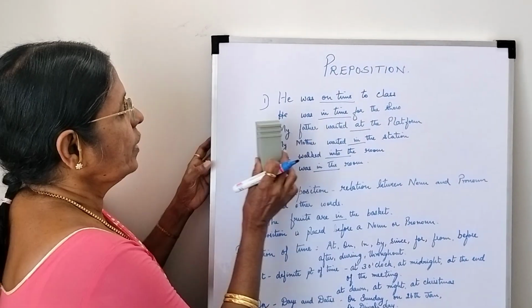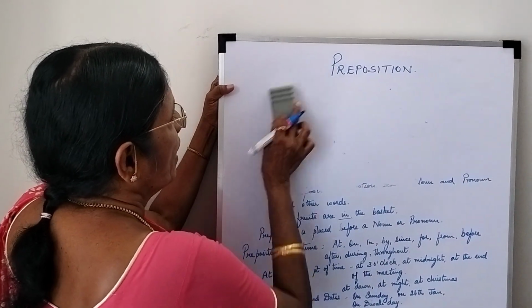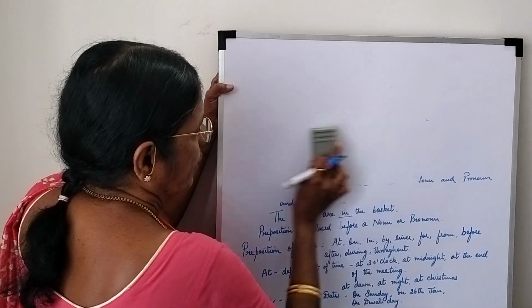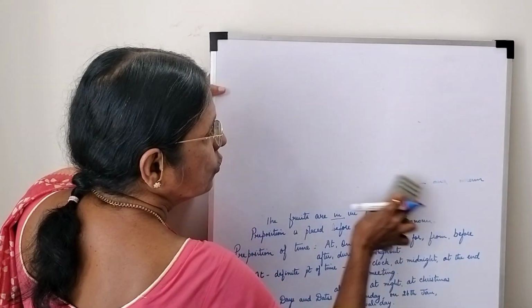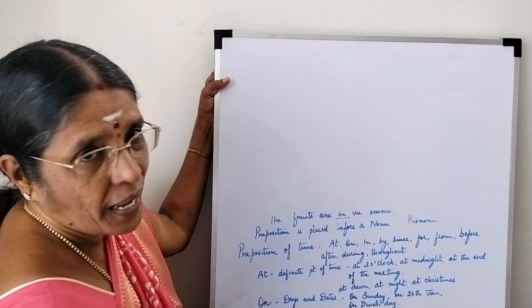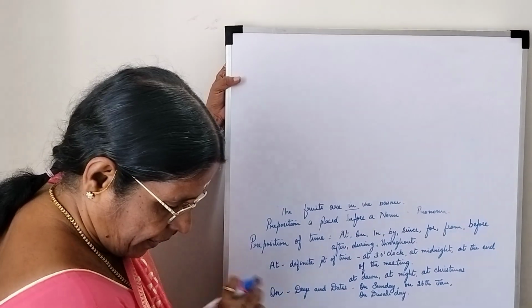Now, how do we use in? I told you earlier, you have to be careful when we use at and in. In is always used for a period, for a larger span of time. At is used for a definite point of time, right? In.